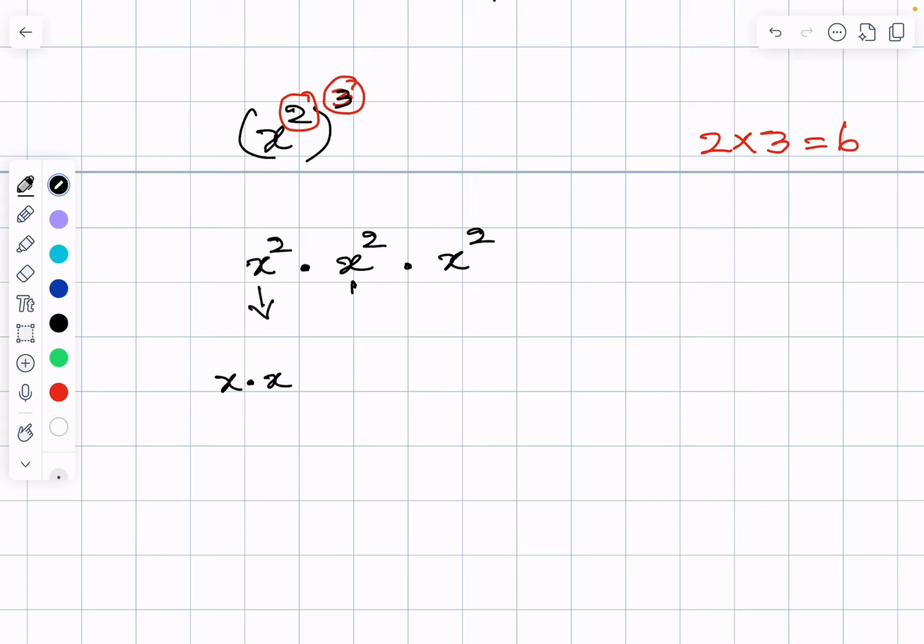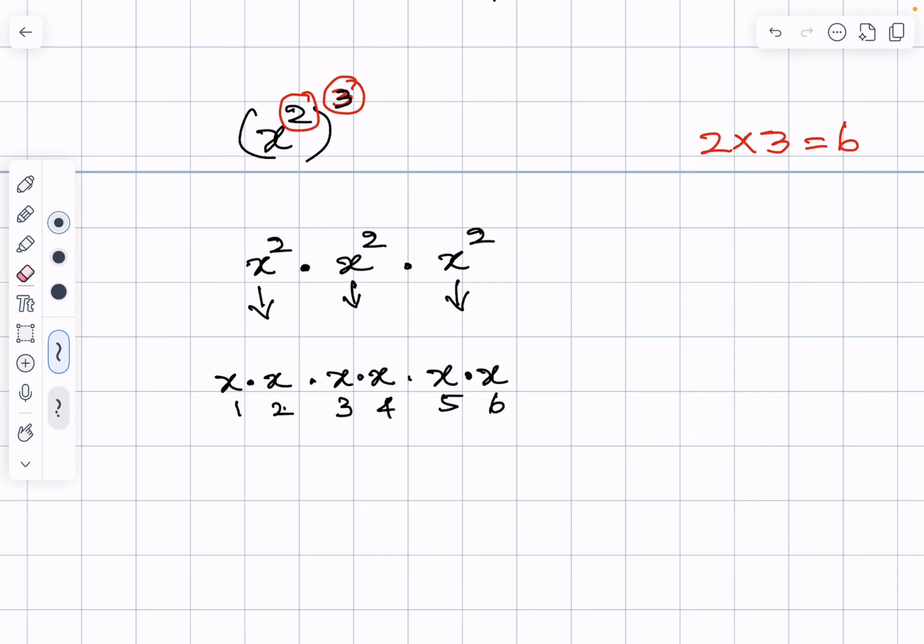So we'll write the first x squared as x times x, then the other one times x times x, then the third x squared as x times x. We write 3 times x times x.